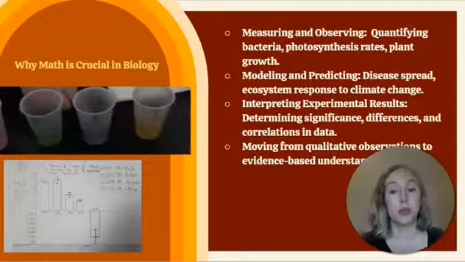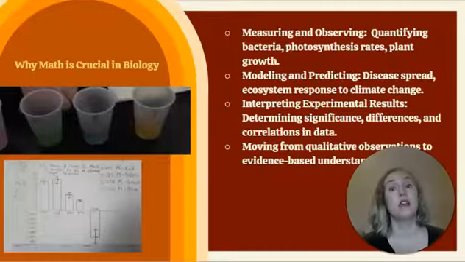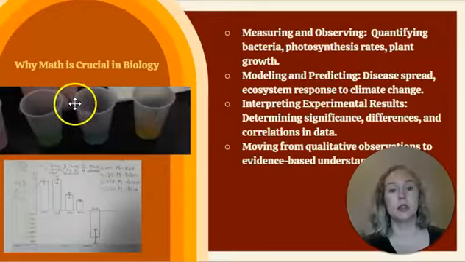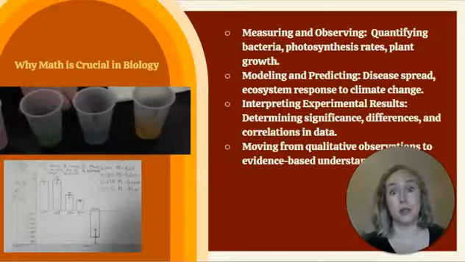We can interpret experimental results, again, determining if the differences between our experimental and control groups are significant or not, and correlate data to each other. Also, we can move from qualitative observations, like in this osmosis lab, in these cups with different colored solutions, the carrots grew in mass by a different amount.